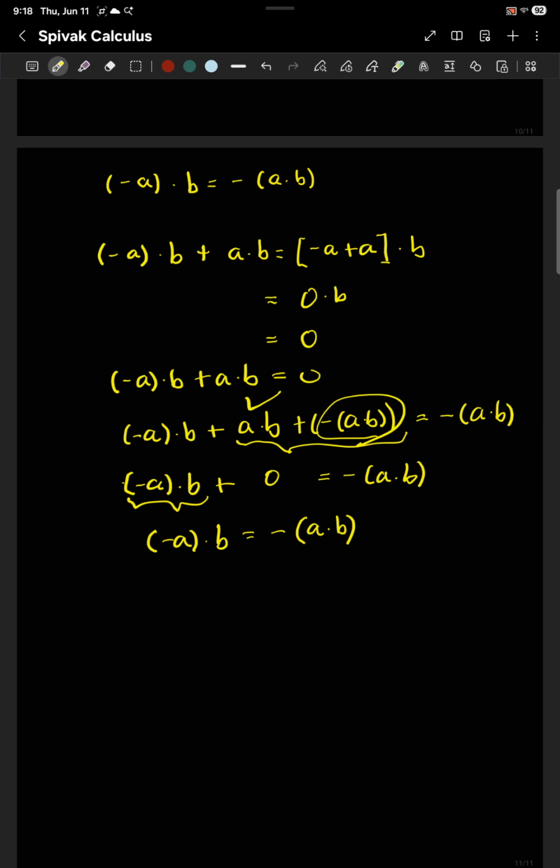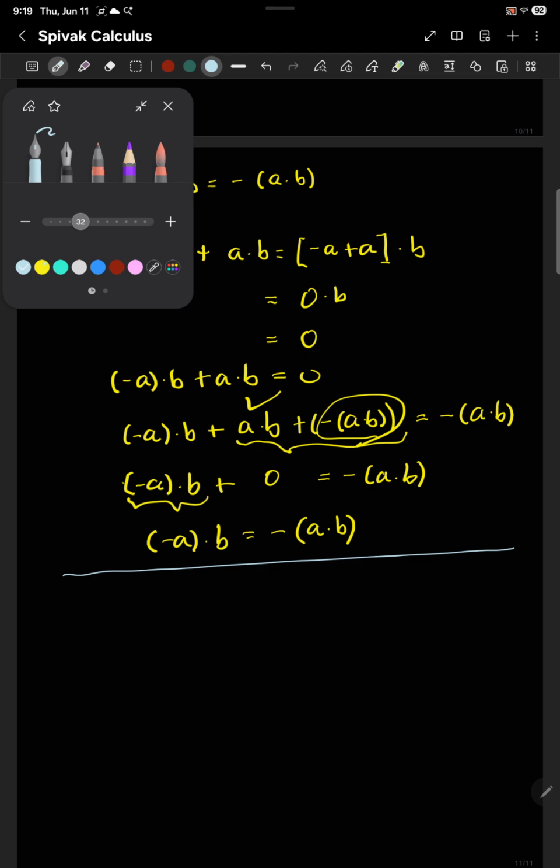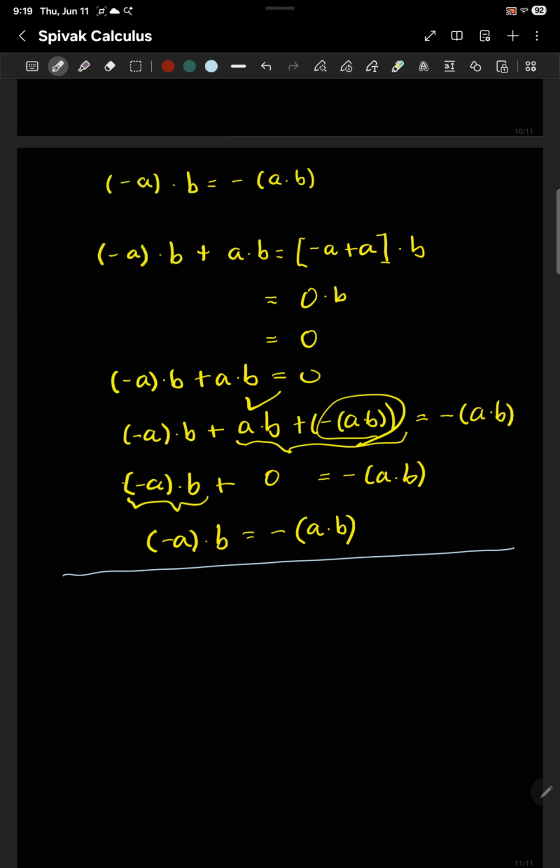We obtain another interesting fact, which we're going to go over briefly: negative a times negative b is equal to ab.